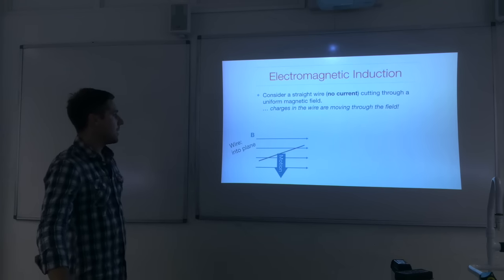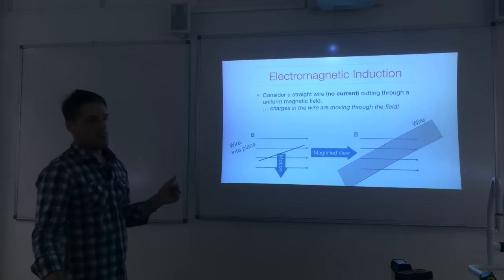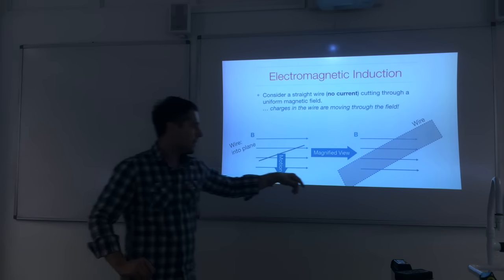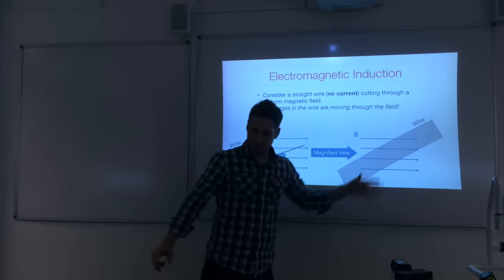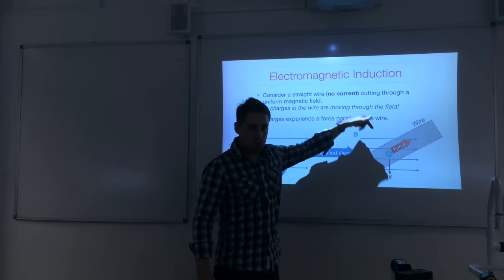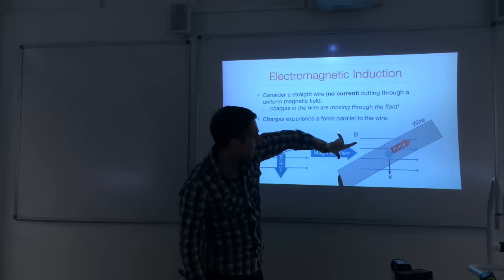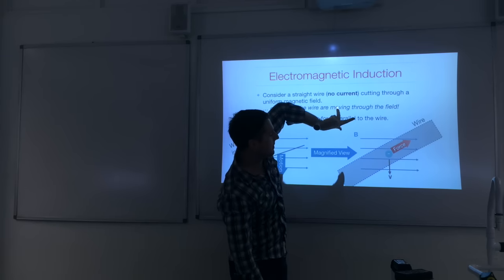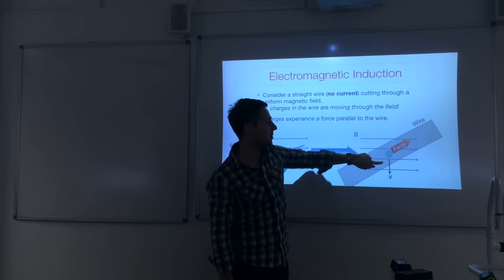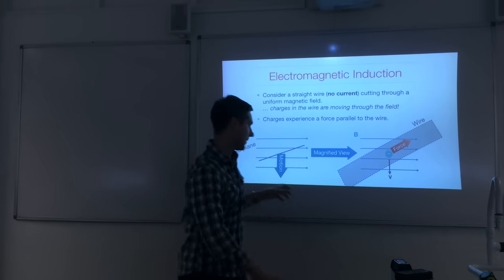So we're moving our wire through there, and if we look at it from a magnified point of view, here's our field, and within the wire we have some charges. We've got a negative charge here moving down, so the conventional current is up, and the field is to the right, so the force is into the plane of the board. So if you imagine this end of the wire is going into the board, right?